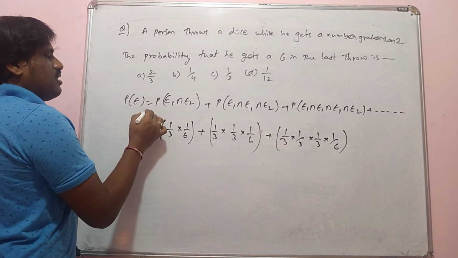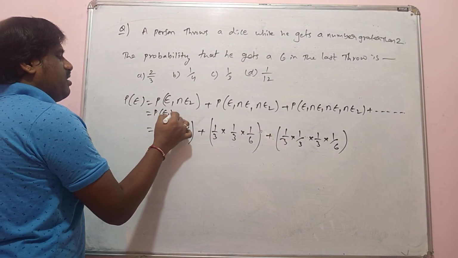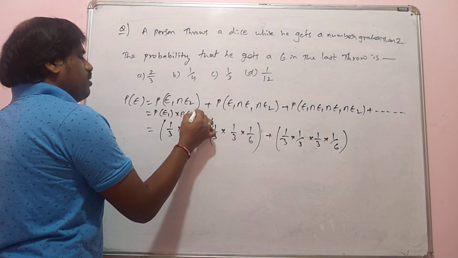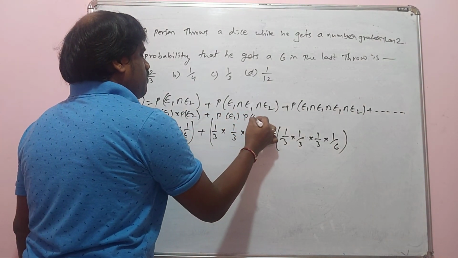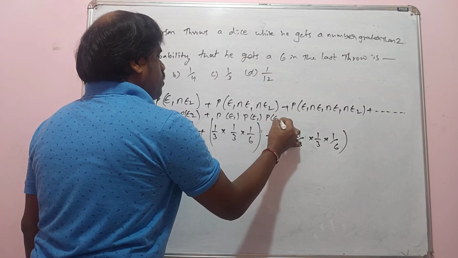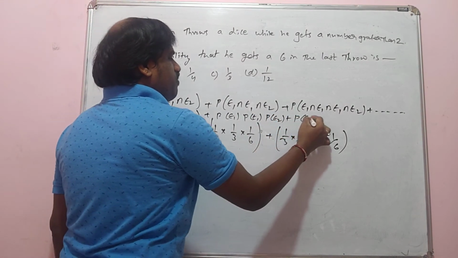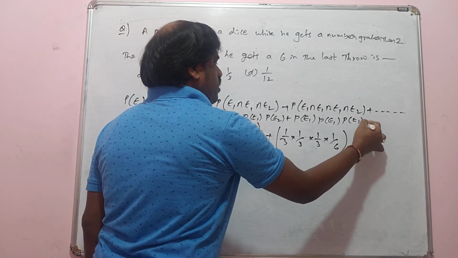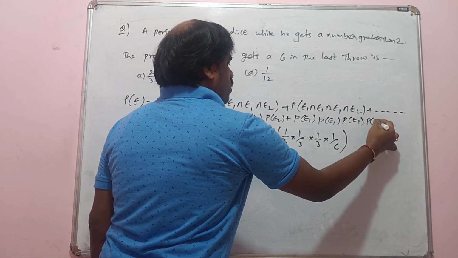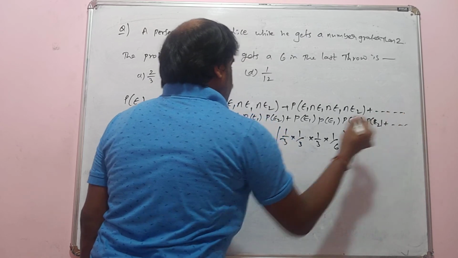So I can write probability of E1 into probability of E2, plus probability of E1 into probability of E1 into probability of E2, plus so on to infinity.